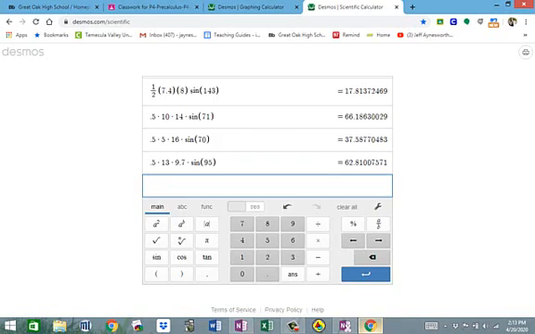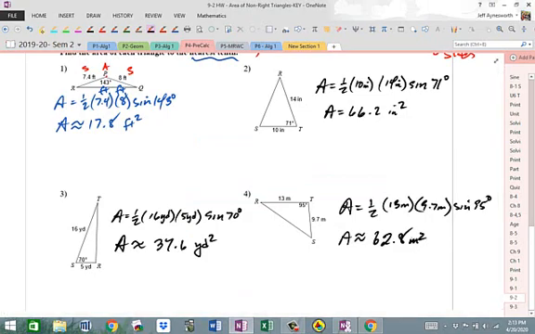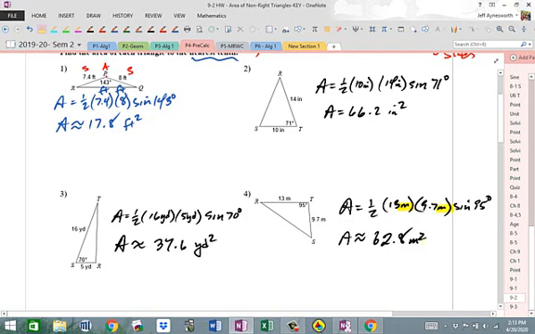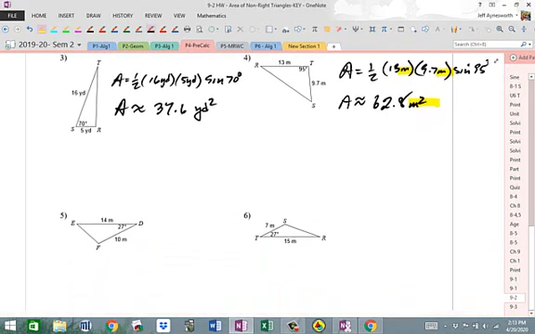A meter times a meter is a square meter. Remember that units are important. Area is always measured in square units, as you guys know.